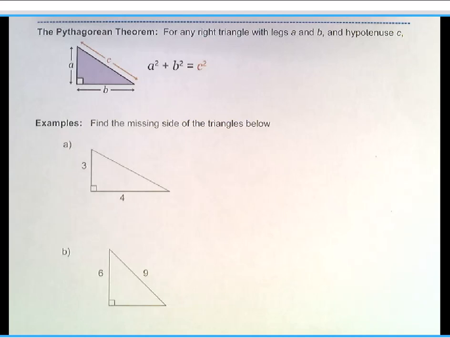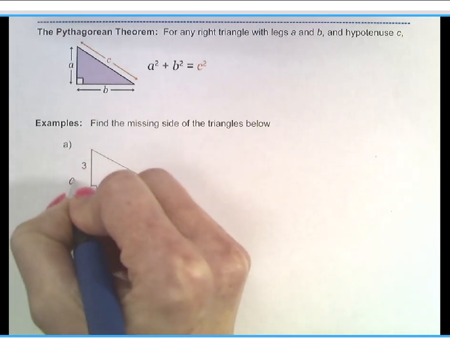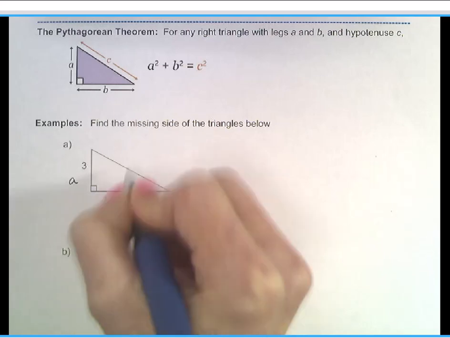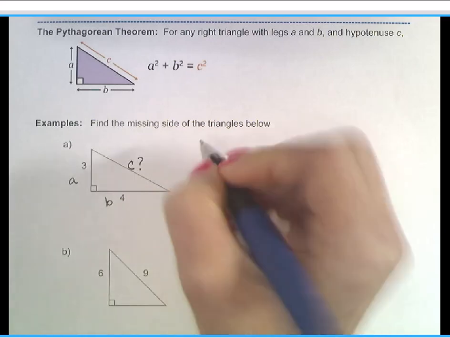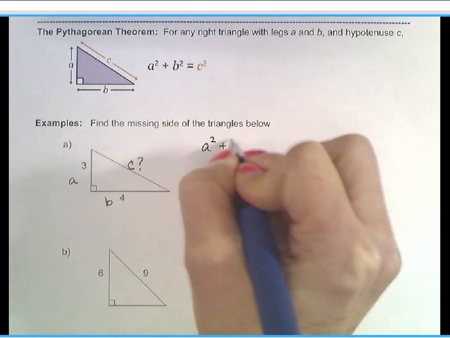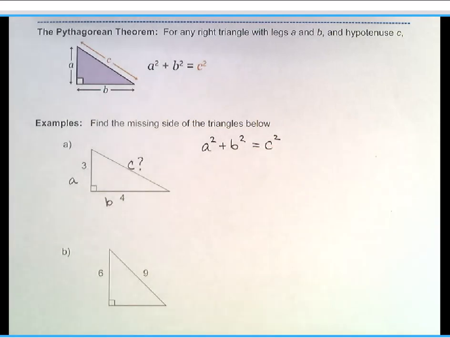Find the missing side of the triangles below. And they should have a 90-degree angle labeled in there. So we can call 3 A and we can call 4 B, and then we'll call this missing side C. That's the side we're trying to find. So I know this formula is true: A squared plus B squared equals C squared.